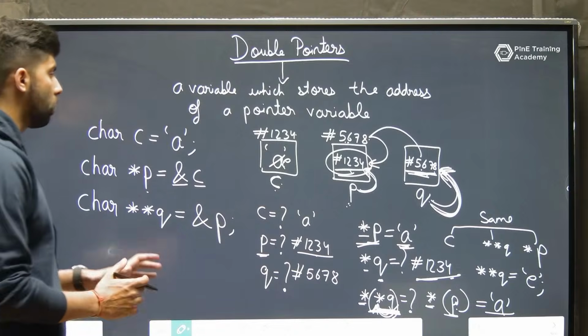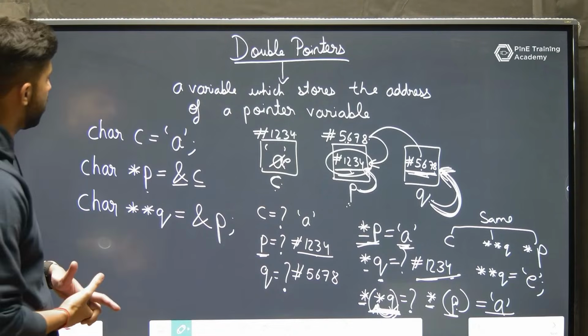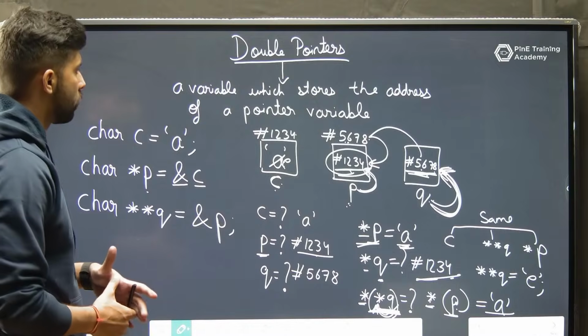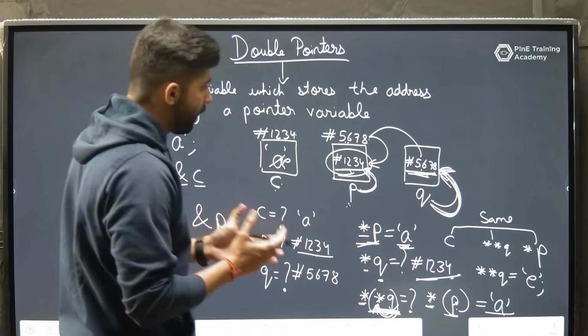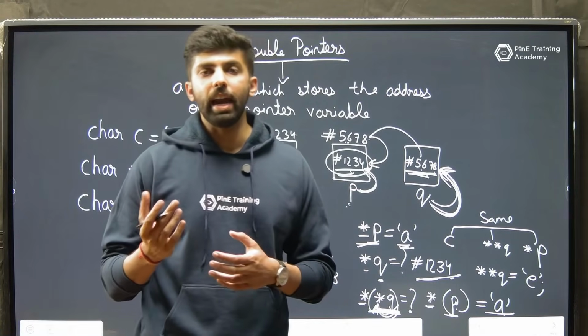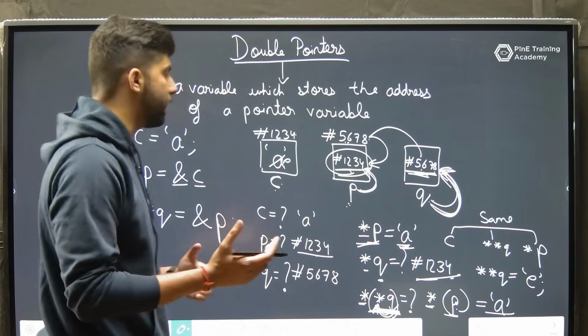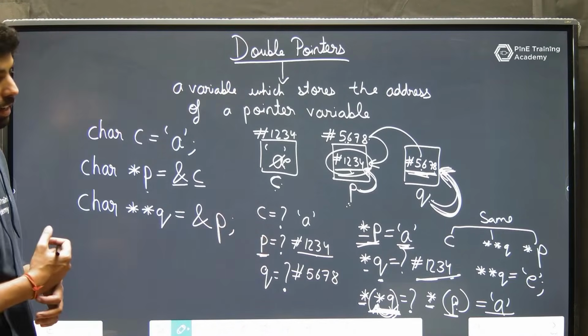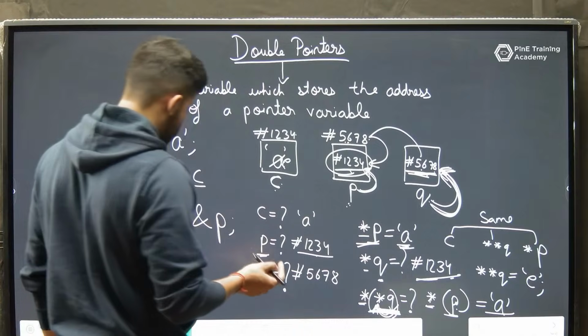So this is the concept of double pointers. This is a variable which can store the address of a pointer variable. Right?